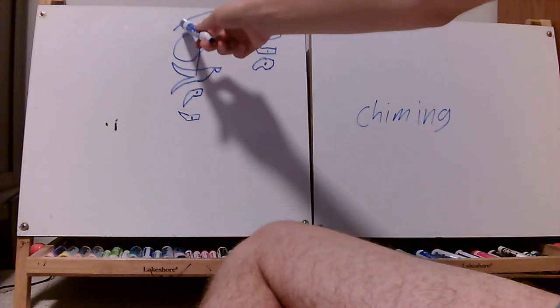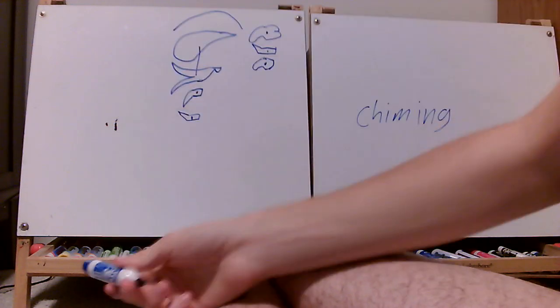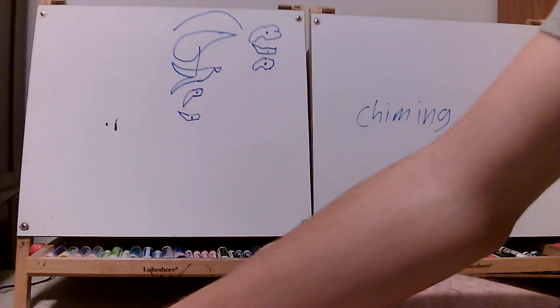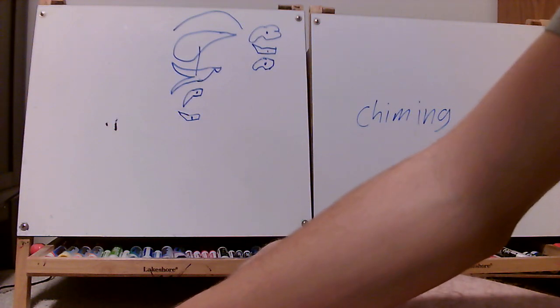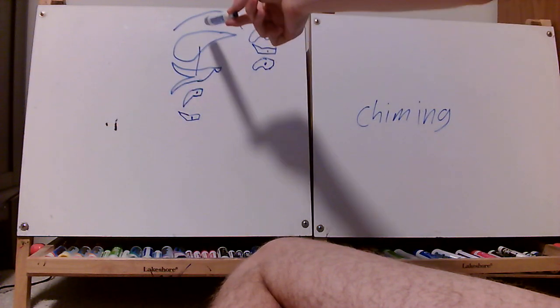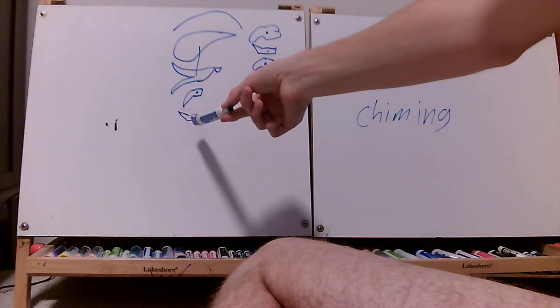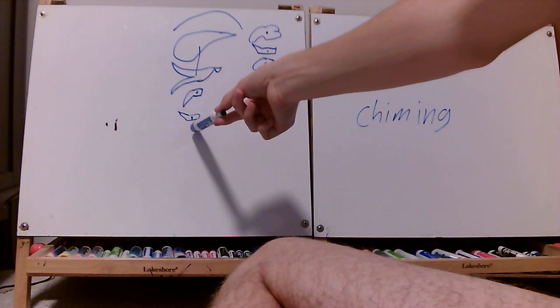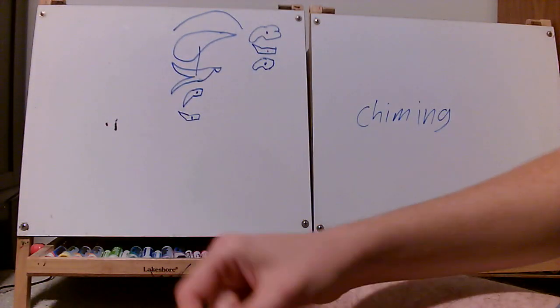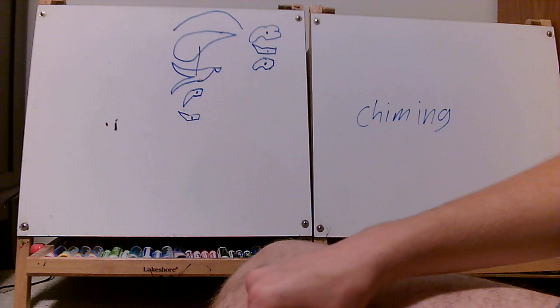And this line shows syllable stress. So we have chiming, chiming. Yeah, so you read top to bottom, and then when you go to the next syllable, you go to the right. It's read like Mongolian, I guess.